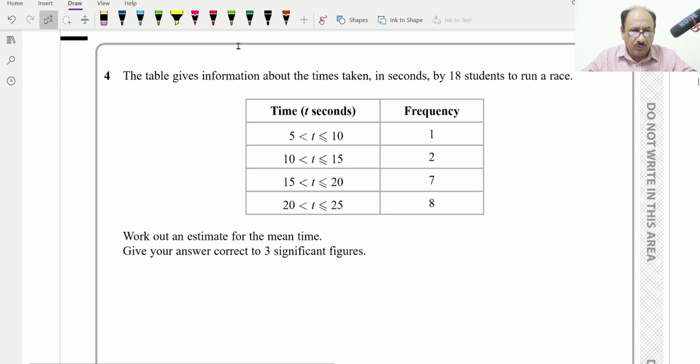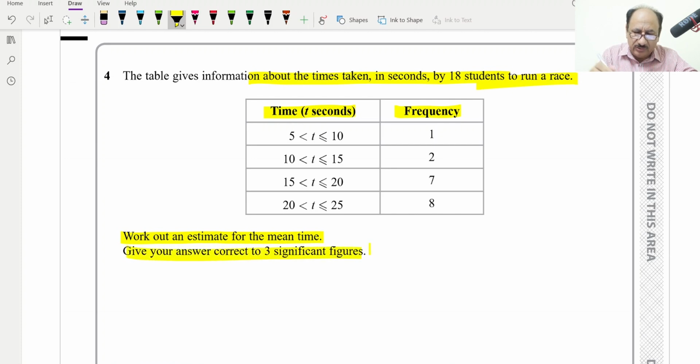Now question number 4, the table gives information about times taken in seconds by 18 students to run a race. This is time in seconds, then this is frequency, and we have to work out an estimate for the mean time and give your answer to 3 significant figures. So first of all, this time is in ranges, so we will be finding the mid values.